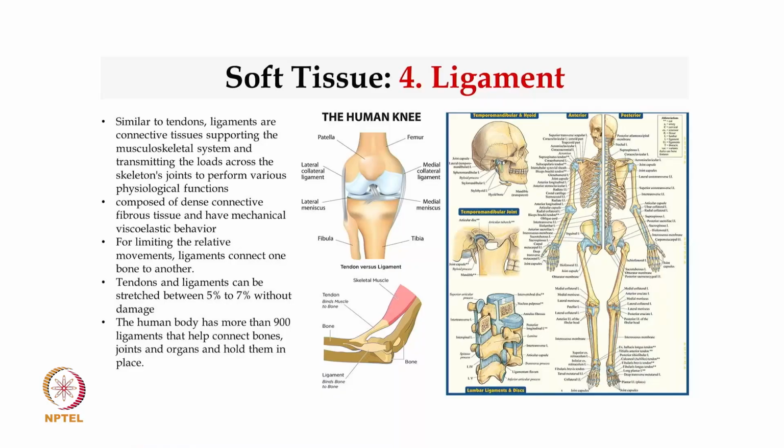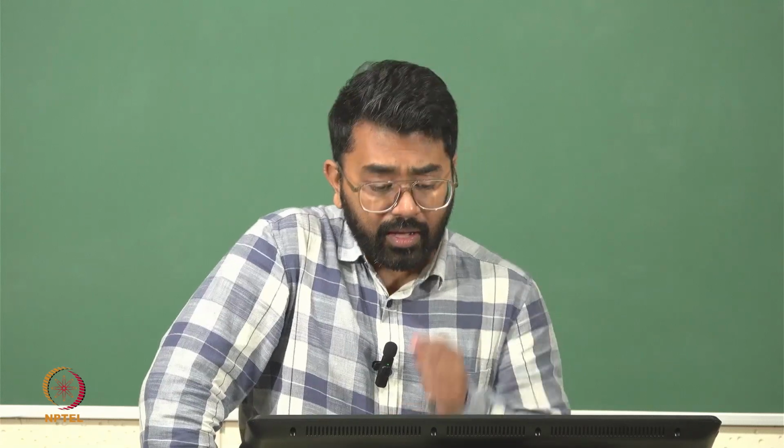One of the very common ligaments is the ACL, right, which is a human knee ligament, where basically the femur is connected with the tibia. Femur is the longest bone in your body. That's basically below the hip bone, the long stretch of your leg.